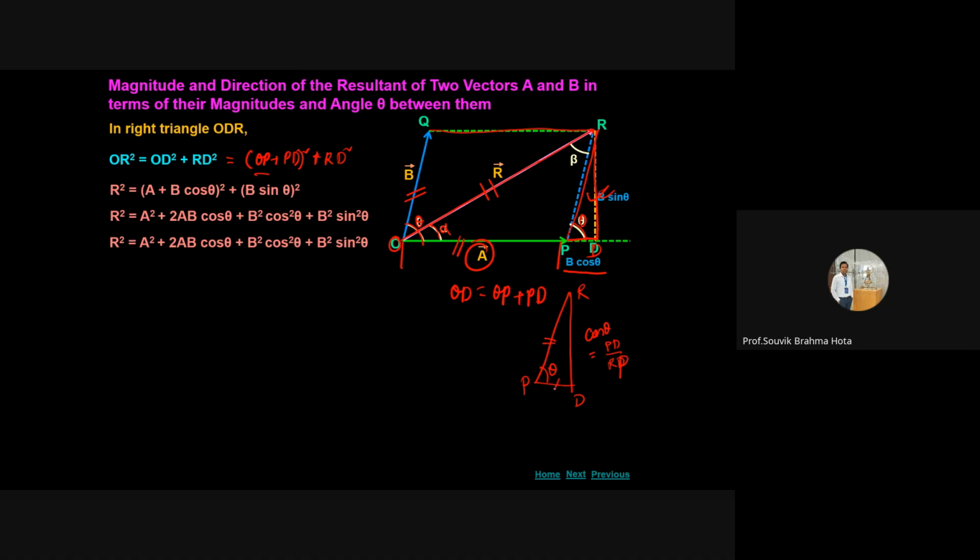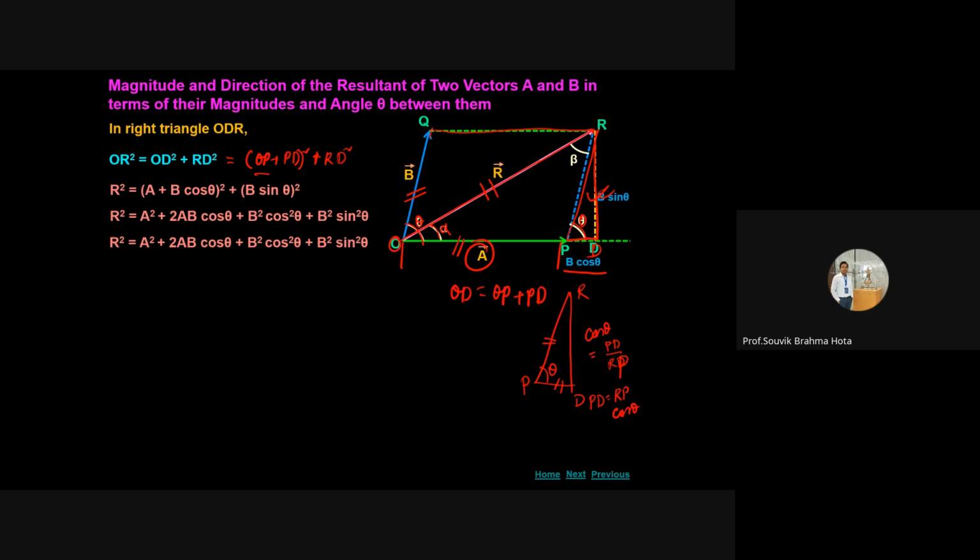This is hypotenuse and this is base. So if I want to get PD, PD is RP cos theta.